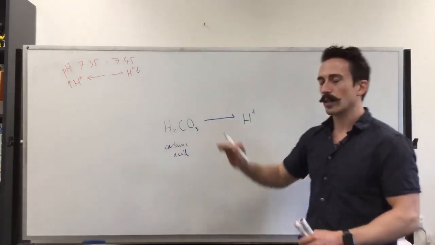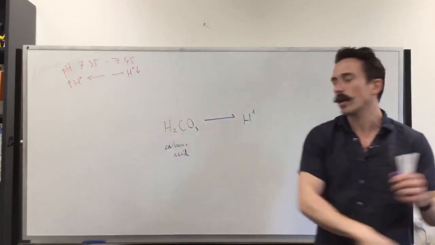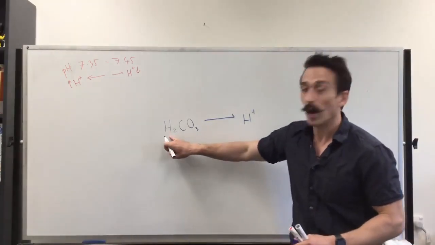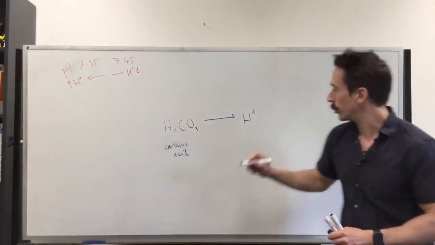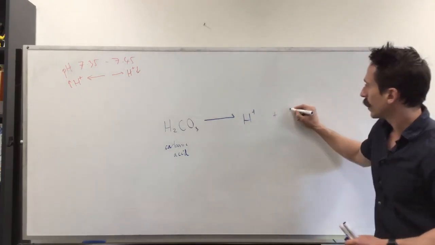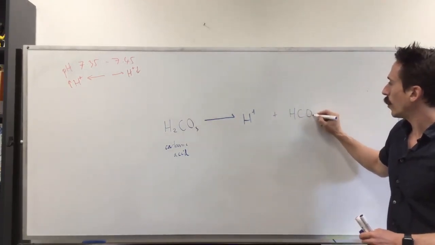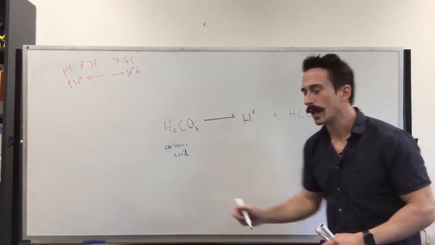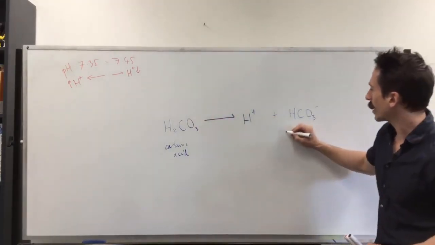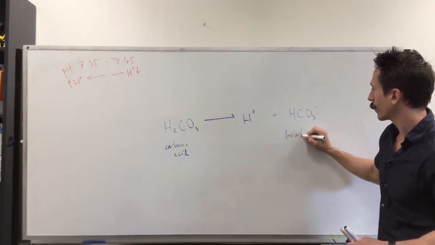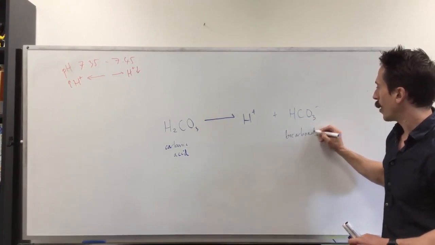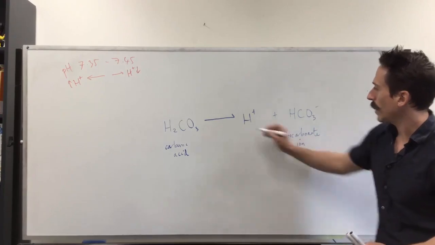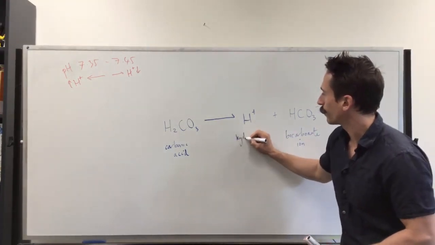Now if it does give us a hydrogen ion, what are we left with if we take one hydrogen out of this? We're left with one hydrogen, one carbon and 3 oxygen, which is HCO3. And because we stole a positive from this, it's left with a negative, and this is called bicarbonate ion.